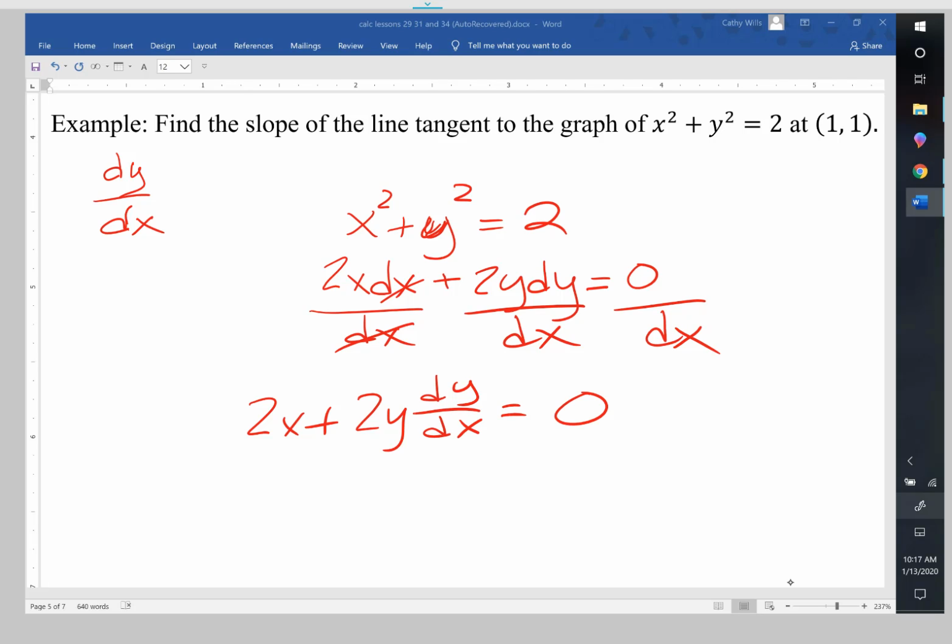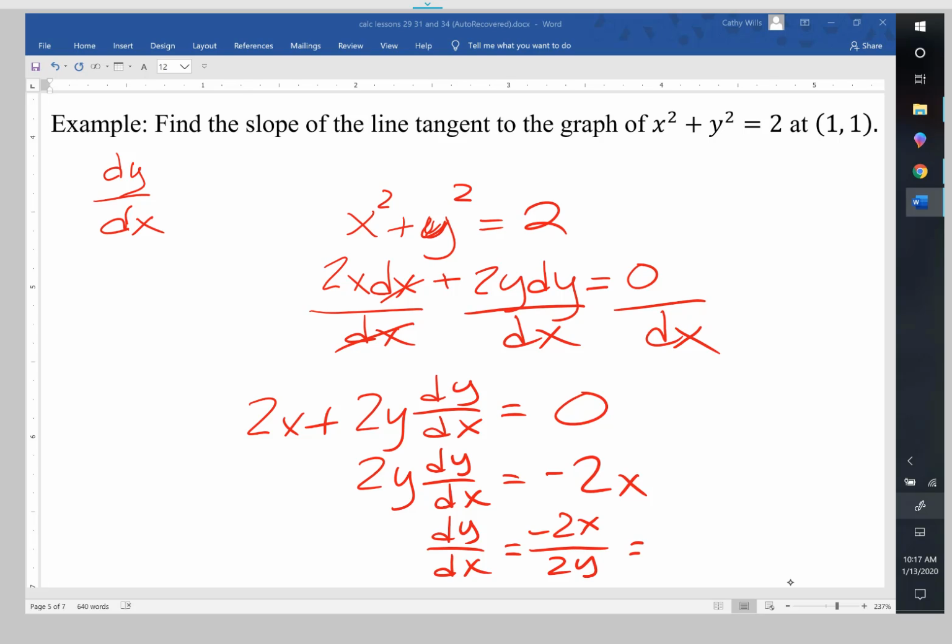Now we solve for dy/dx. So we subtract 2x on both sides. And now we divide both sides by 2y. So dy/dx is equal to negative 2x over 2y, which is just negative x over y. All right, so that's the derivative of this function.